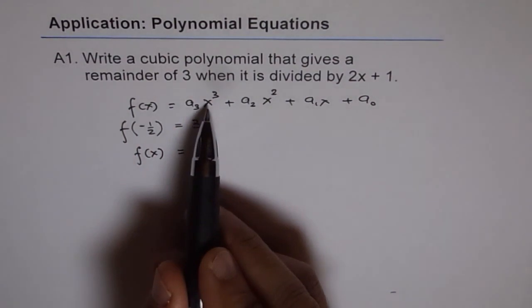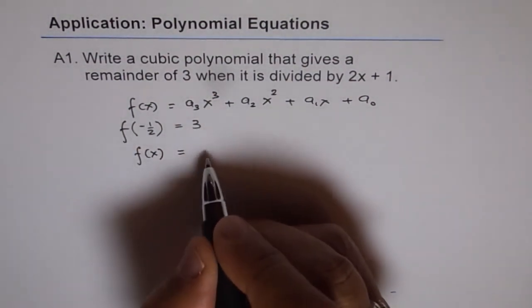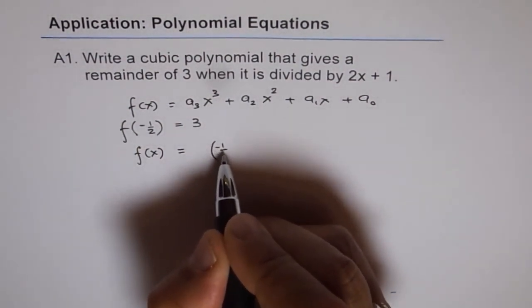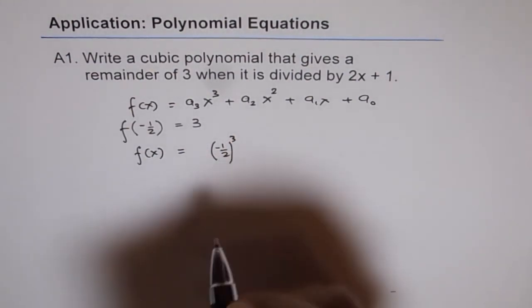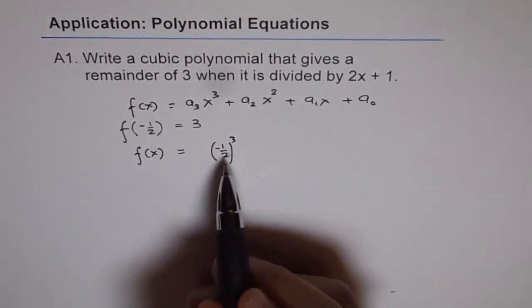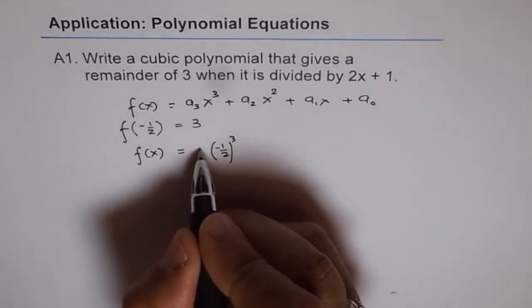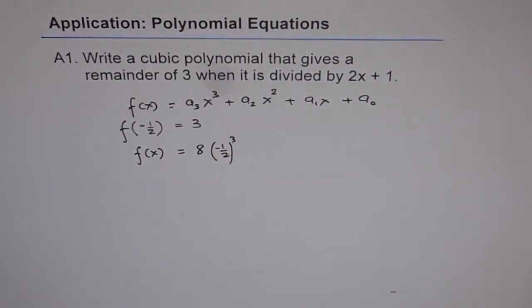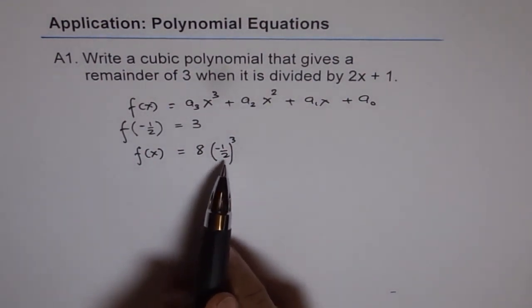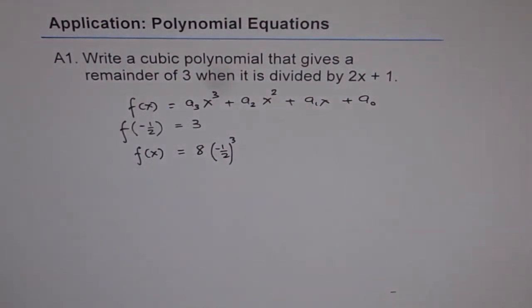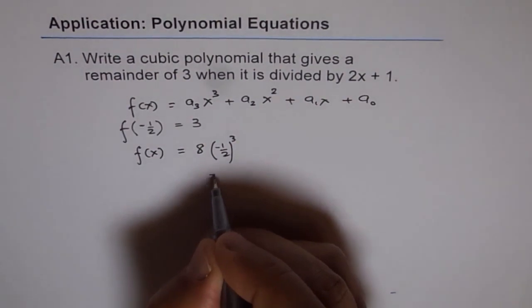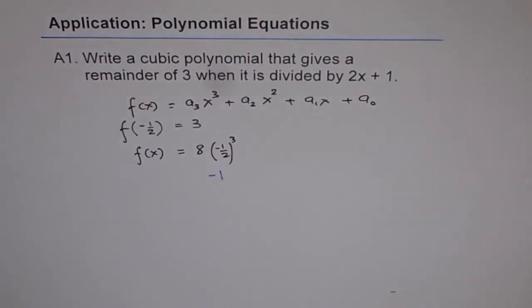So for x cubed, let me write minus half cubed first. You know minus half cubed is minus 1 over 8. So let me choose a3 as 8. It's my choice, right? So when I do 8 divided by 8, I get minus 1. So I'll write minus 1 for my first term. Good job.